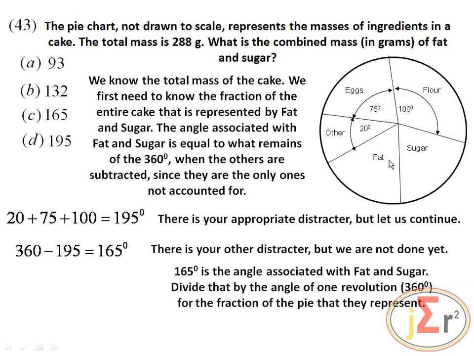In order to find the angle associated with fat and sugar, we have subtracted that from 360 degrees. Then we have 165 degrees. But that 165 degrees is not representing the combined mass of fat and sugar. It is just representing the angle associated with them.